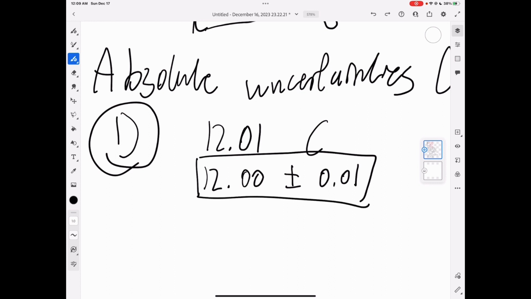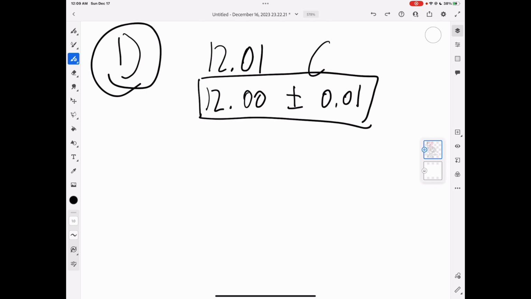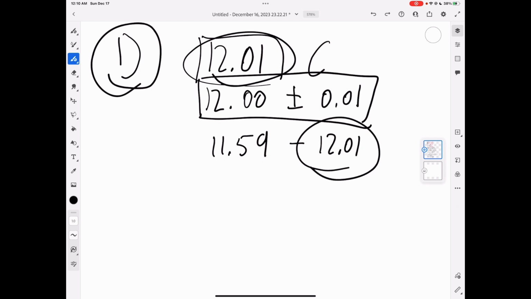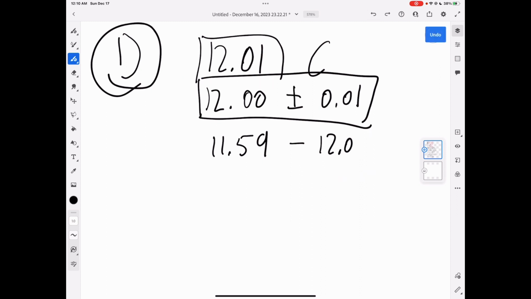From this is the absolute uncertainty, and from this I can deduce a range of where the actual value may lie. So in this particular example, I can say that the value that I'm trying to look for can lie between 11.59 and 12.01 inclusive.